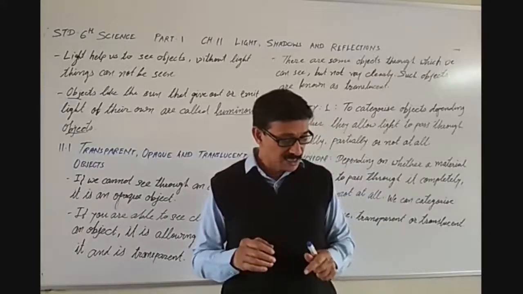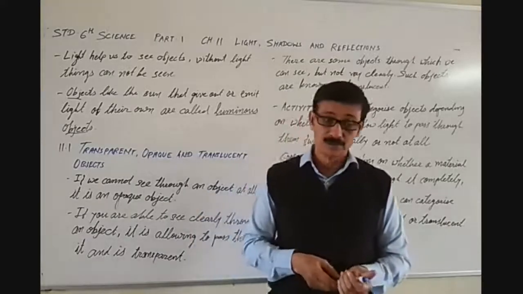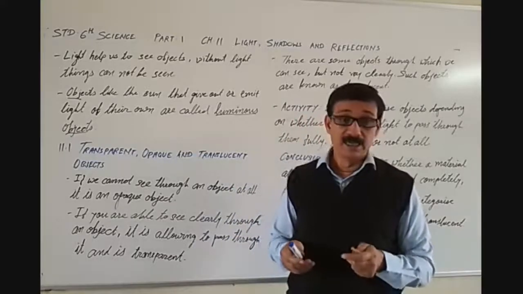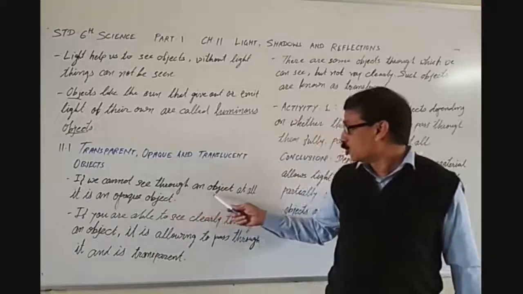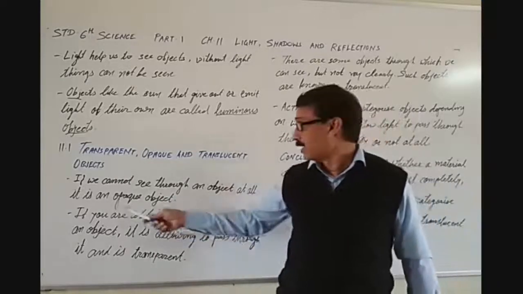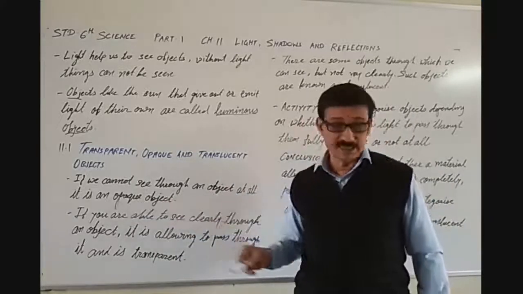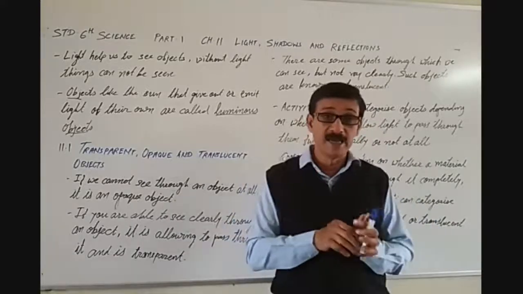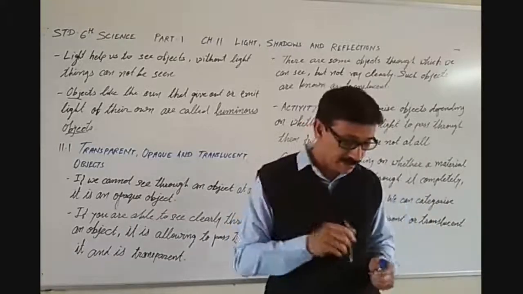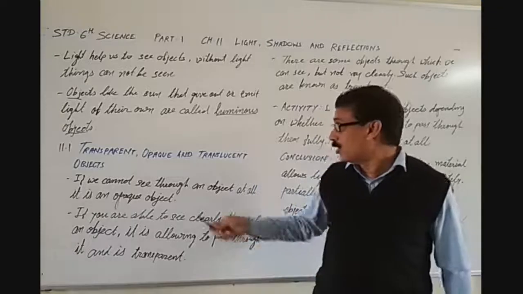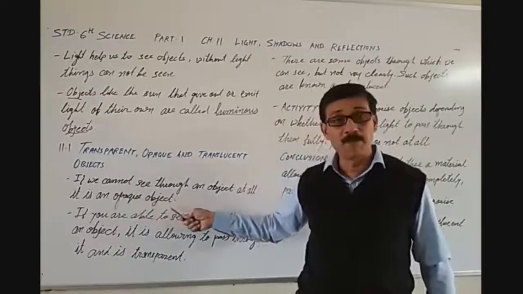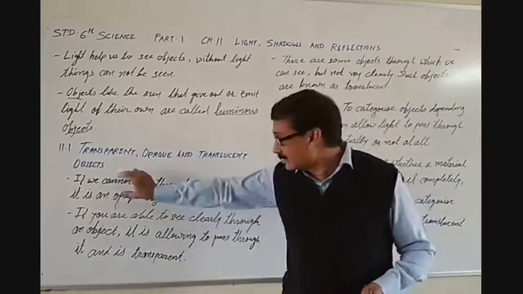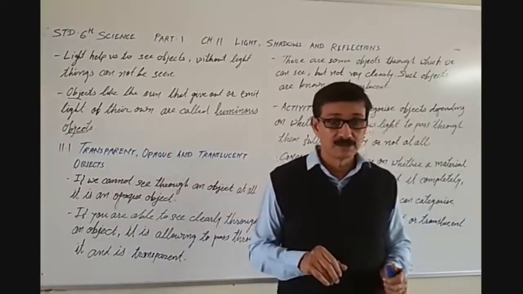If we cannot see through an object at all, it is an opaque object. It is already in your textbook, and underline that. What is an opaque object?